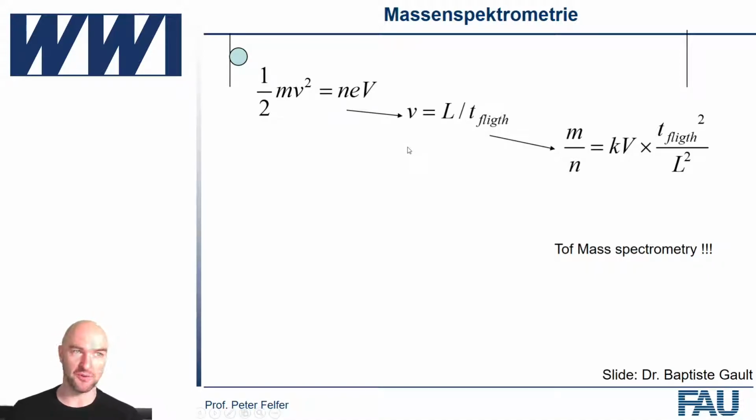This is the reason why many of you have reflectrons, because this energy, this voltage, is obviously changing over time if you do voltage pulsing. And depending on what time during the pulse your atom leaves, it will get a different amount of energy. So we know that with a finite amount of accuracy.